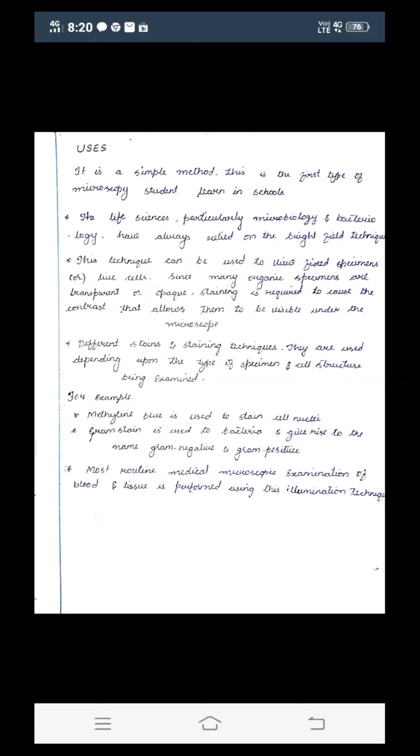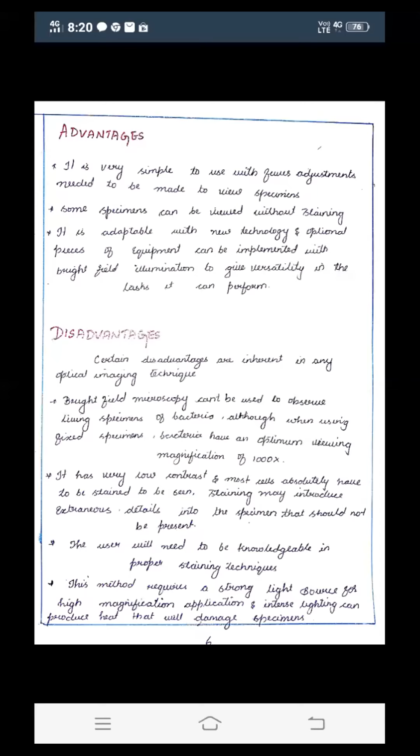Next, advantages of bright field microscope. It is very simple to use. Fewer adjustments need to be made when viewing a specimen. It can be easily handled.